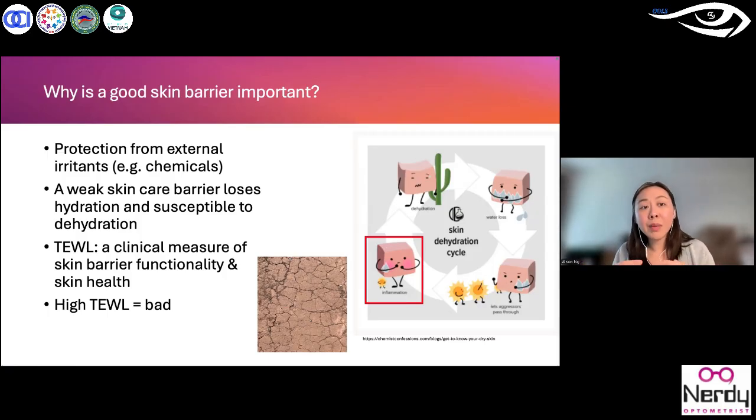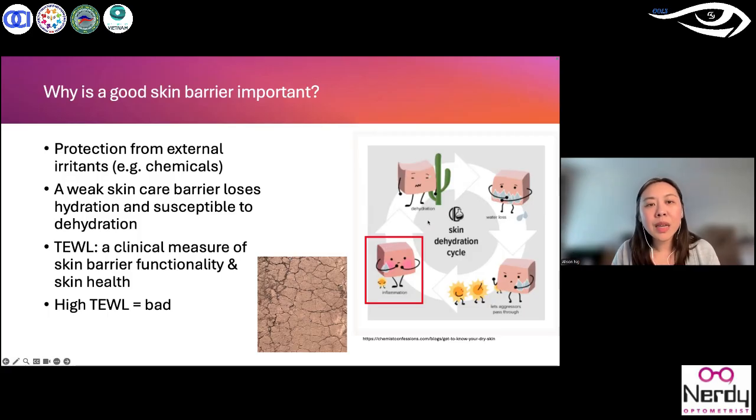It's really important to keep maintaining this barrier, because otherwise we end up in a vicious cycle, so to speak. This is a really cute little graphic, which I very much like, because I think it really highlights this cycle. It's a bit like dry eye disease. You end up in this vicious cycle that just exacerbates the skin conditions.